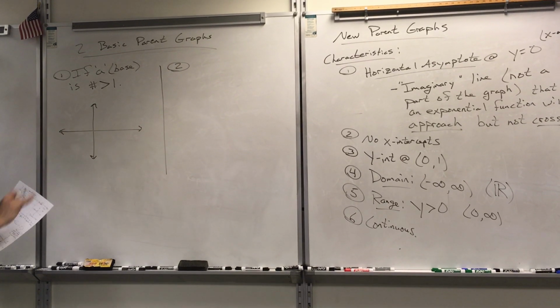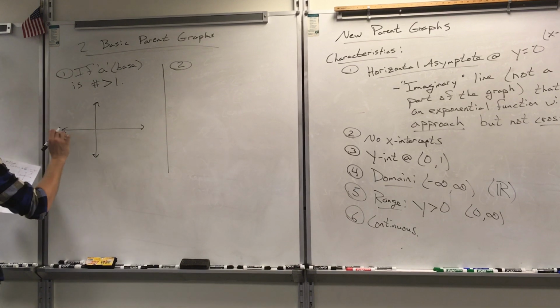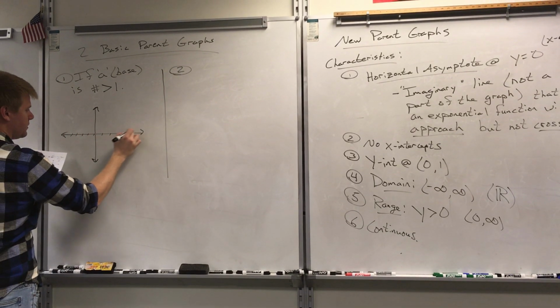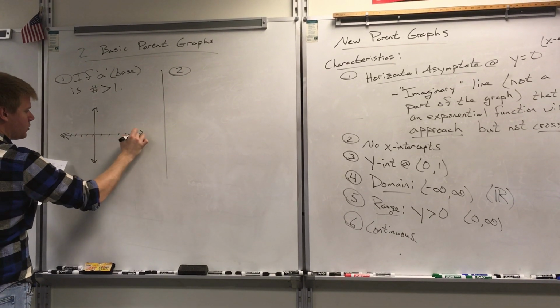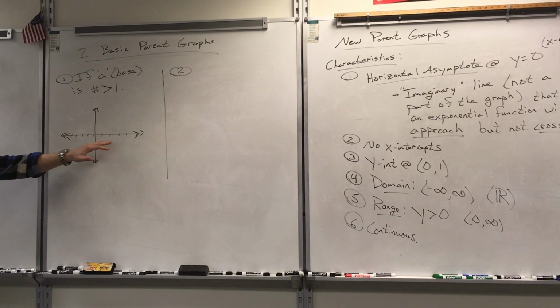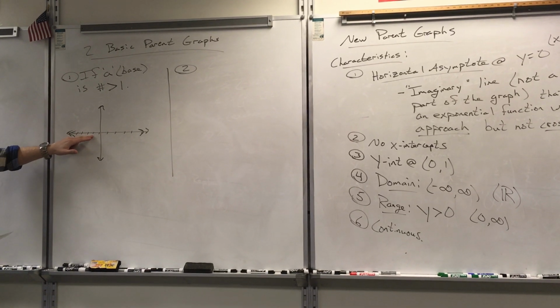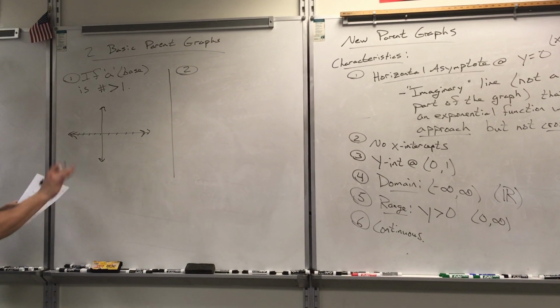First of all, just to give you a reference of what those characteristics were, this is how I'm going to denote that horizontal asymptote, with a dashed line, y equals 0. The graph will never hit this, but it will approach it in one direction.